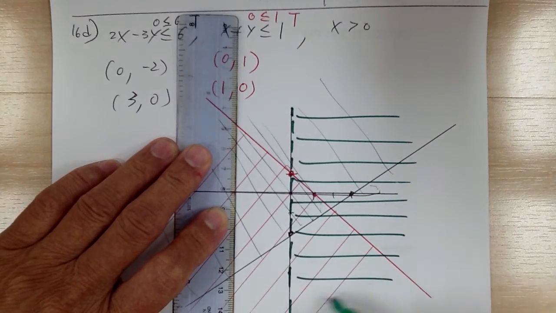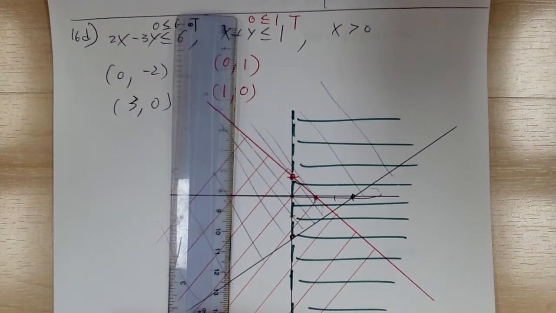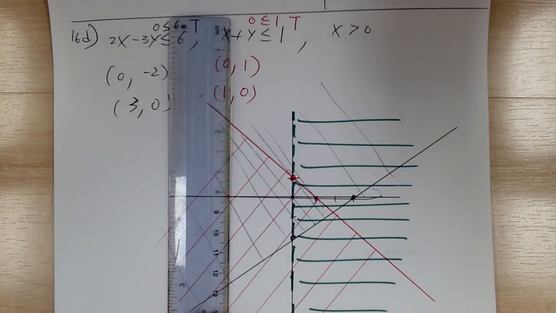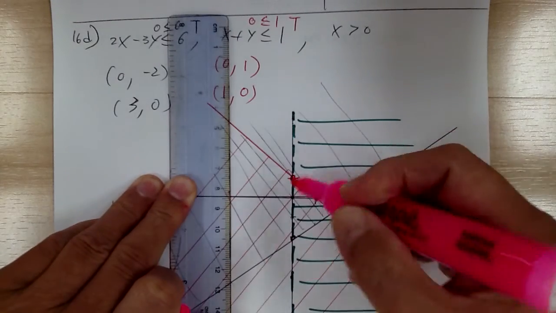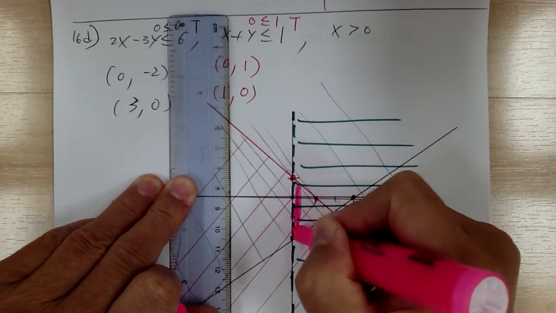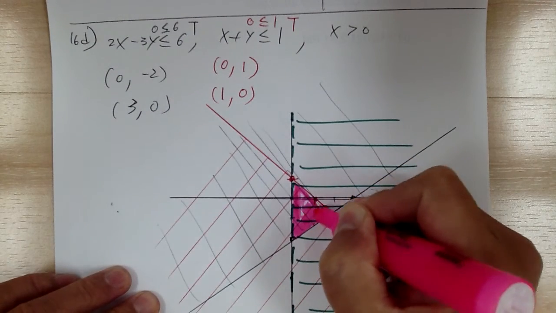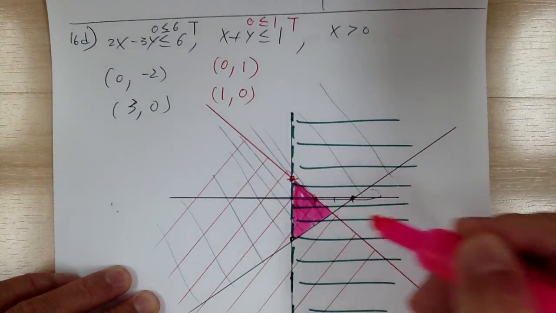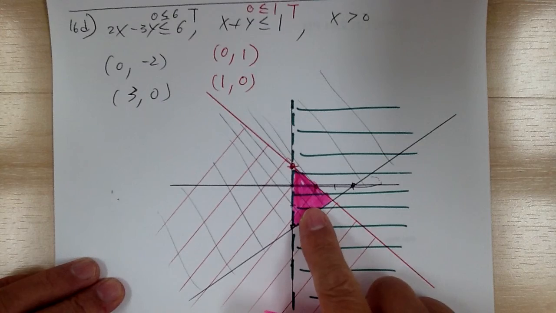And the final answer would be the part that is shaded in three times. So the part that is shaded in three times would be this region right over here. So your final answer would be this region.